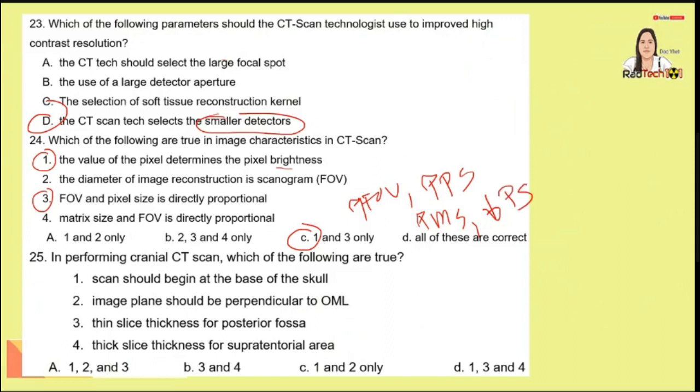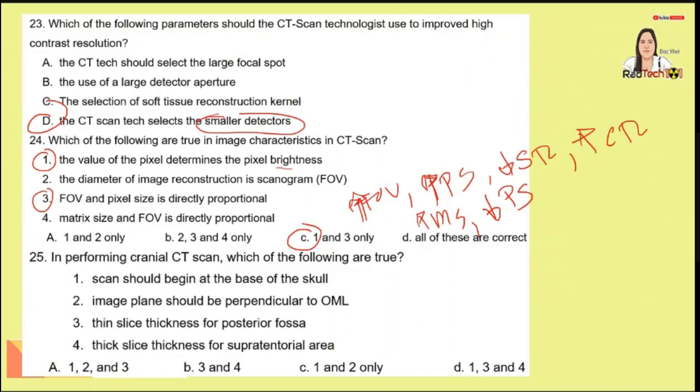Ibig sabihin, kapag malalaki yung sizes ng ating pixel, malaki rin yung ating field of view, pero poor ang ating spatial resolution, pero maganda naman yung ating contrast resolution. So, dito na ulit papasok yung ating image production and characteristics, yung ating image evaluation, yung about sa mga relationships.